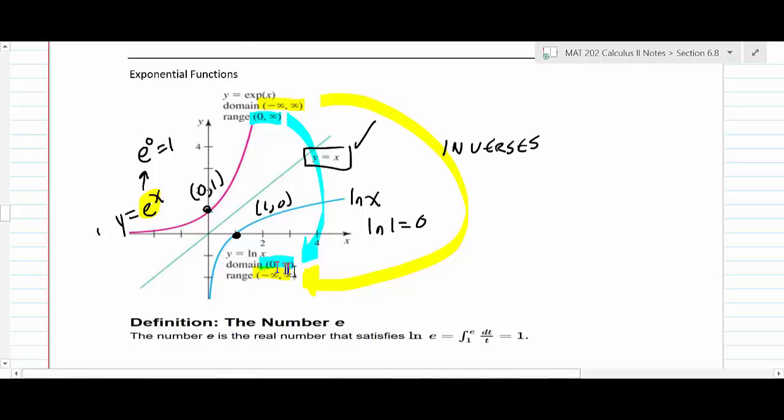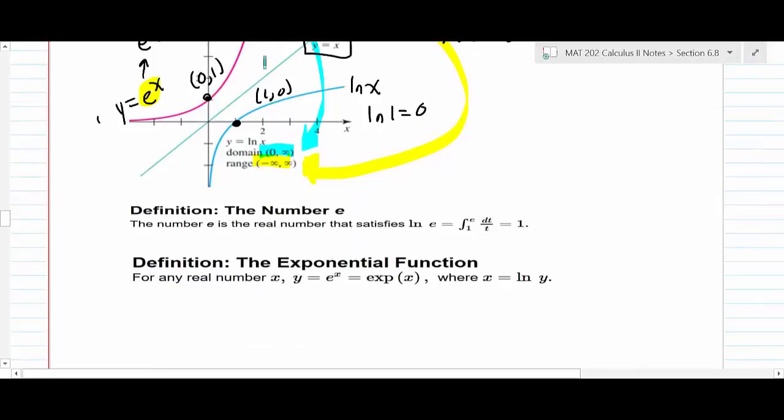All right, and then let's see. We've already looked at this. Now this would be a technical definition of the number e in a little bit different way than you've seen before. If you did the integral from 1 to e of dt over t, you should end up getting the ln of e. Well, that's easy to show. The antiderivative of that is ln of t.